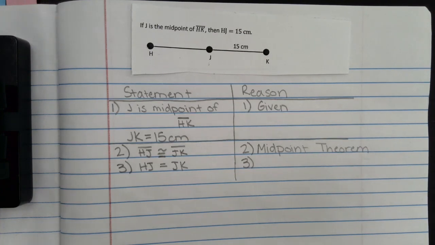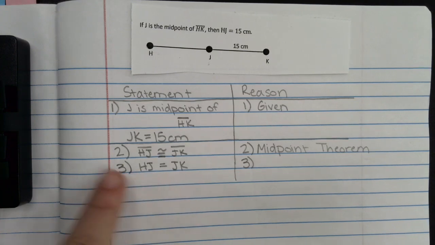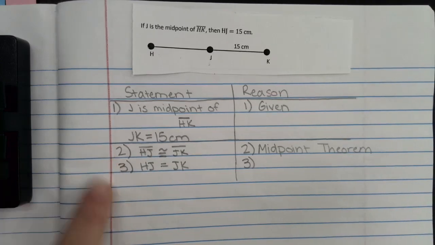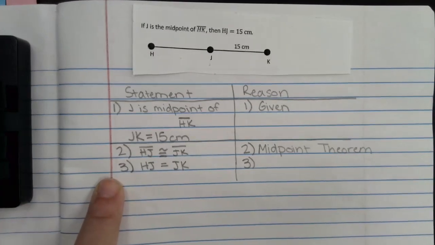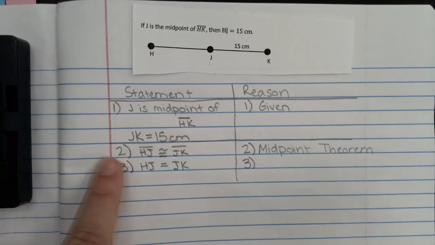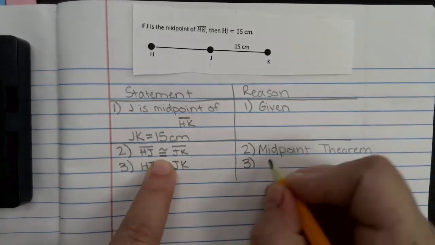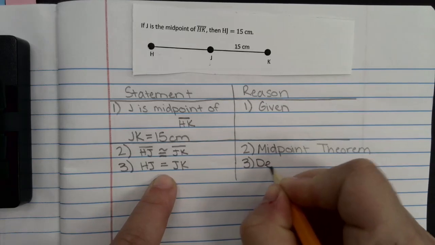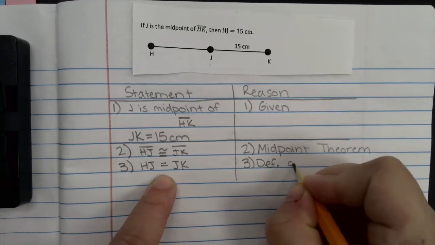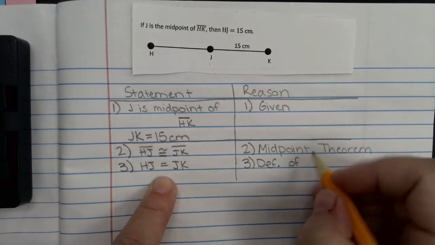What part told us that in number 2? That they were equal. What part from number 2 told us we could write it as equal in number 3? That congruent symbol, right? That's what congruent means. So that's our definition of congruent segments.